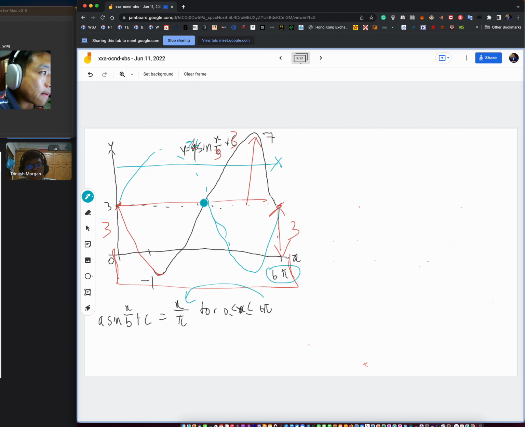And this is 6 pi. I guess the middle is 3 pi, so 3 pi is 3. So it's here. So when it's 0, you get this. How many roots? 1, 2, 3. 3 roots. So 3 roots, 3 solutions.